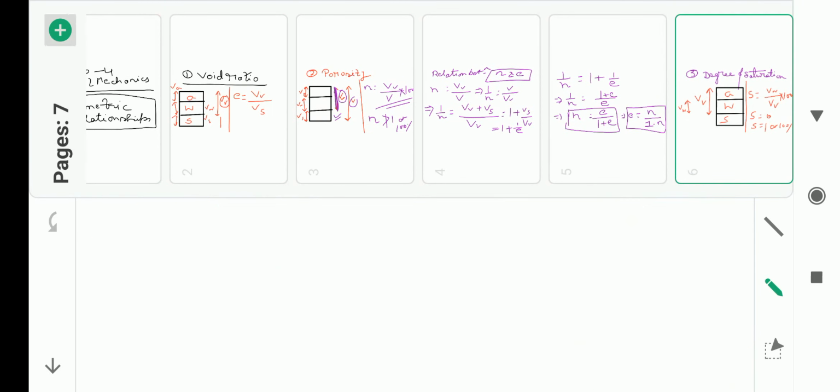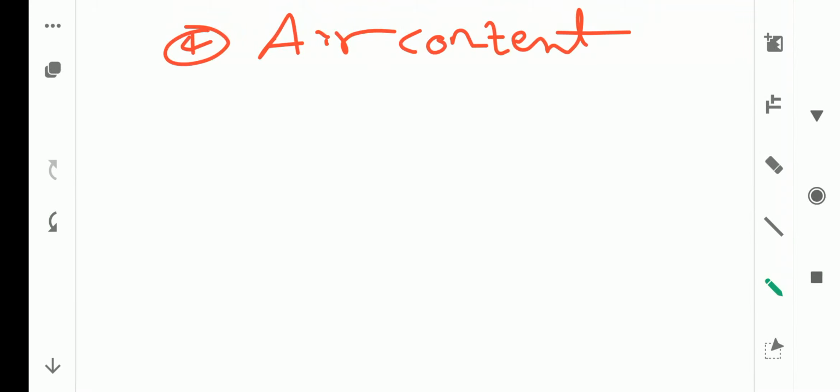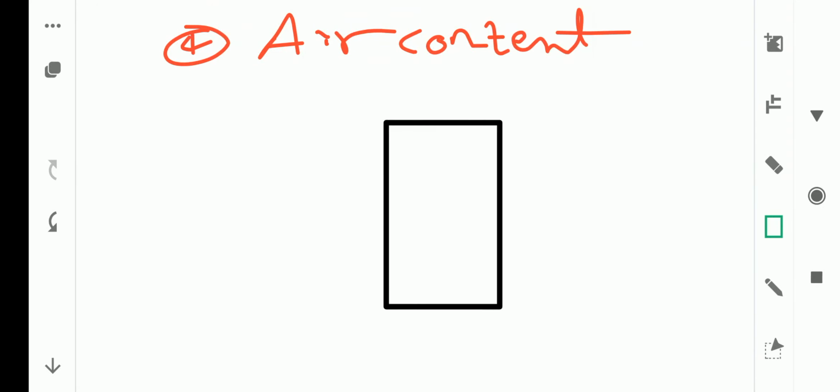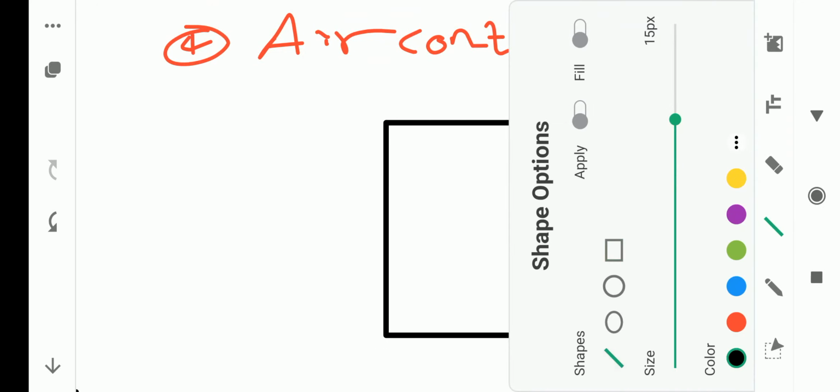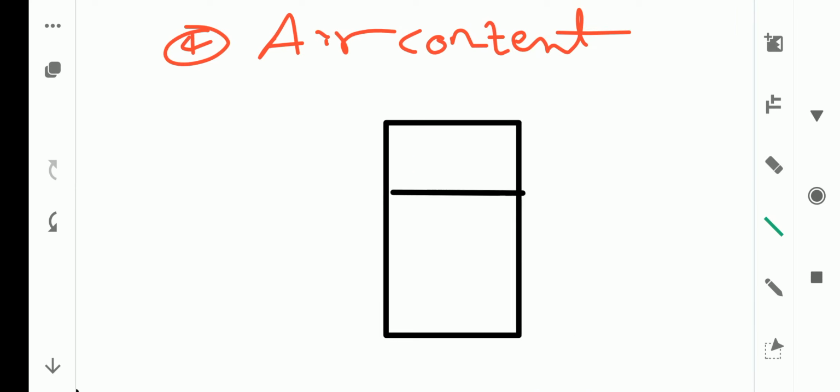Next term is air content. Let us see what it is. Air content is the ratio of volume of air to the volume of voids. So this is air, water and solids.